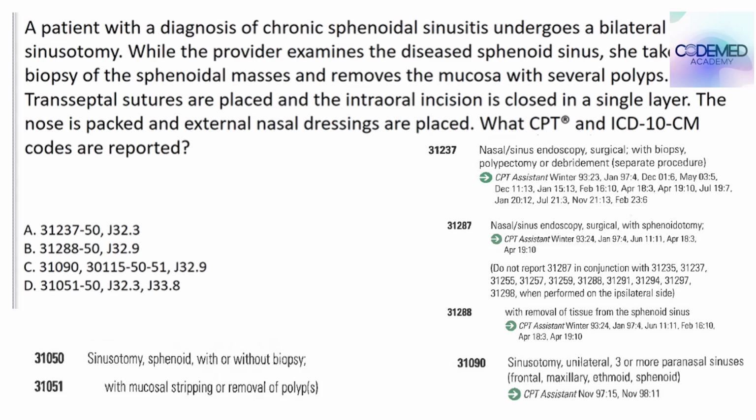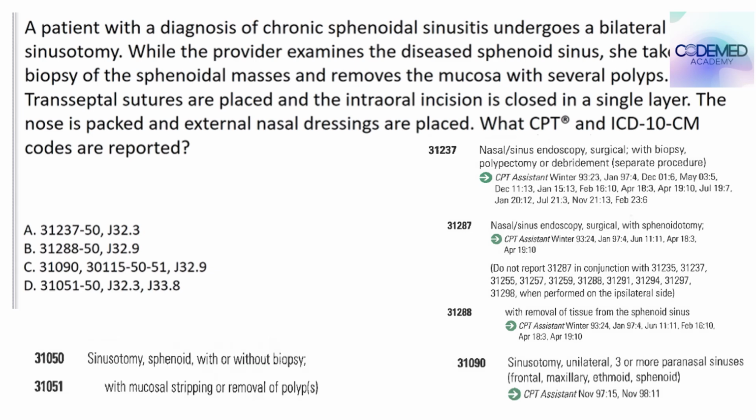Now we have this code. Whenever you are doing any question related to the sinus, first of all, we need to find out how the procedure is carried out, whether it is by the scope or by the open surgical method.